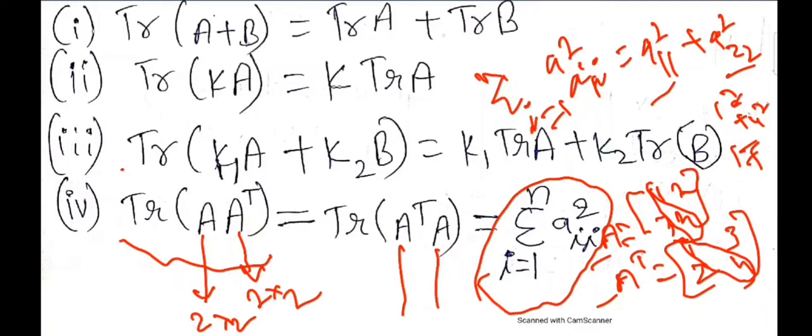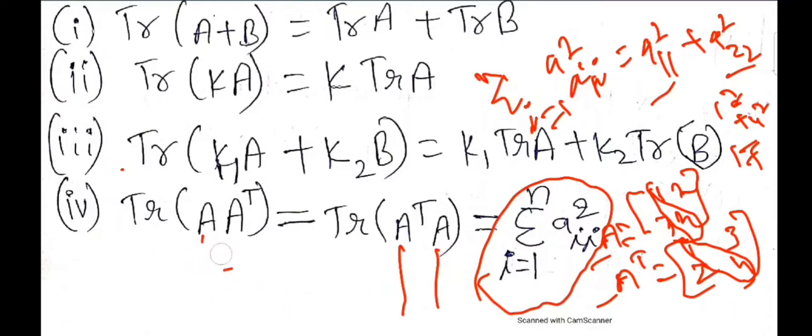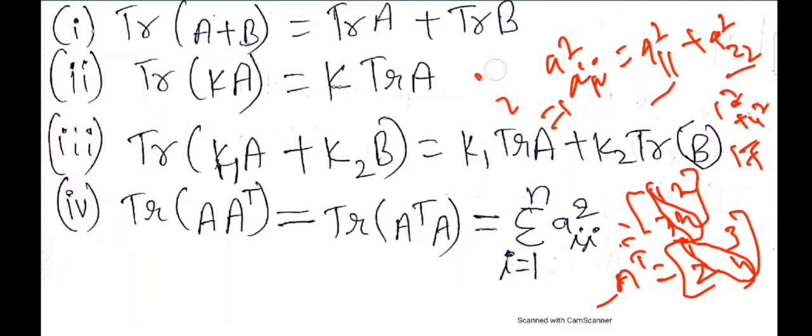Okay, so your calculation is reduced. Instead of finding the multiplication of A with A transpose and then taking its trace, I will directly square the diagonal elements and add them. I am going to obtain the same result.